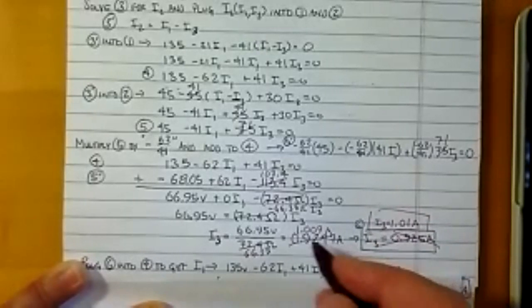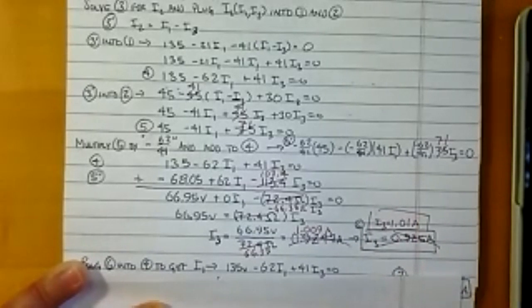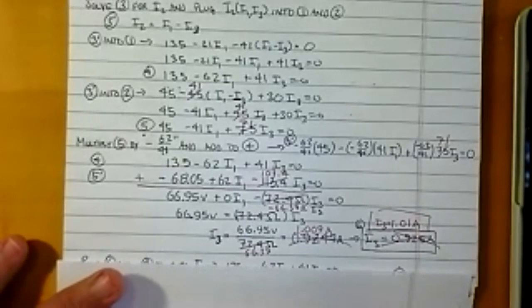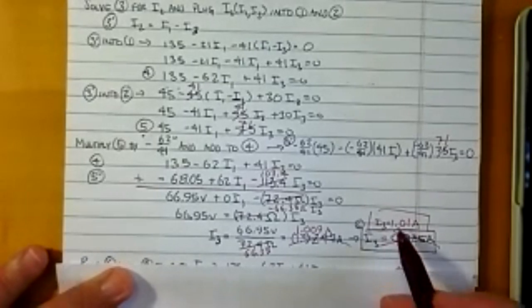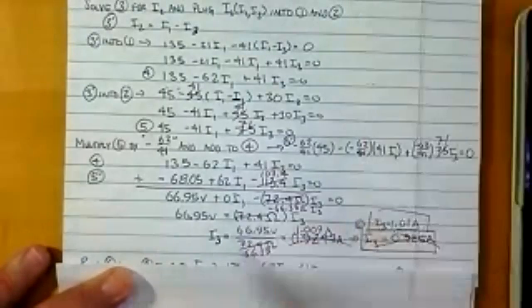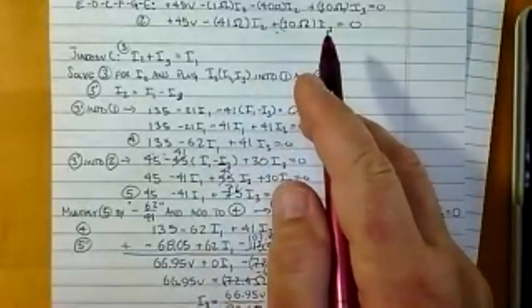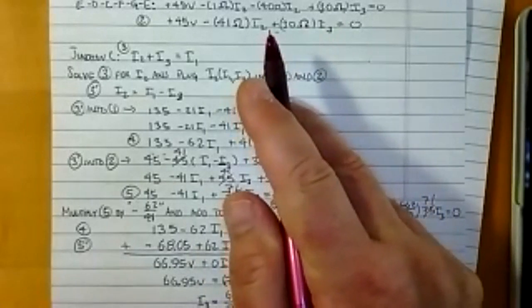So forget about that number, forget about this number, that's the new correct number. Now that I have I3, here's where I made a little boo-boo. I should have put this back into equation 1 or 2 because those are my least adulterated equations. For instance, if I put it in equation 2 up here, I would have I3 and I could solve for I2.